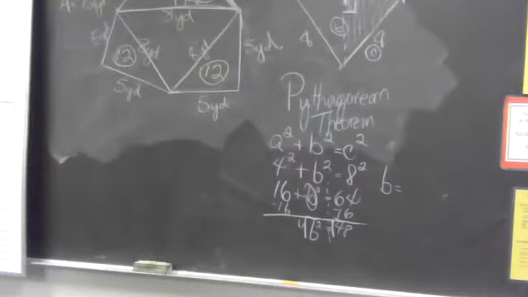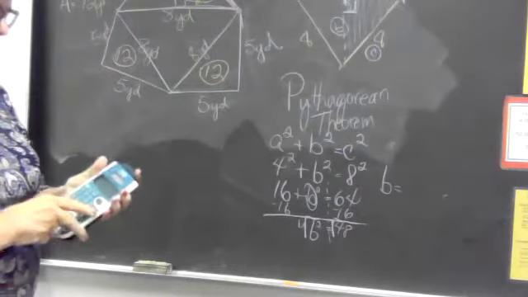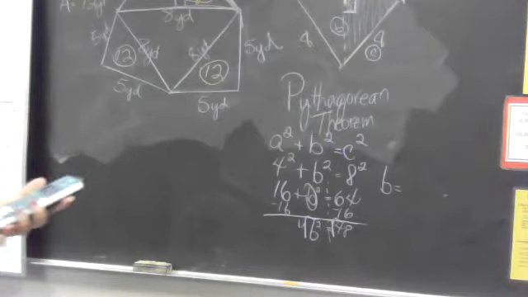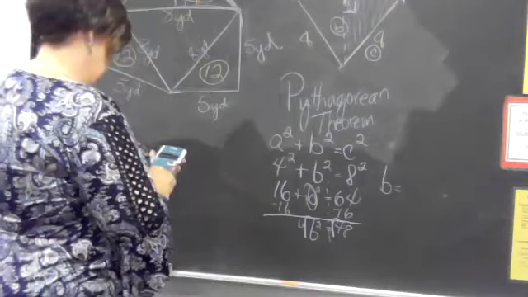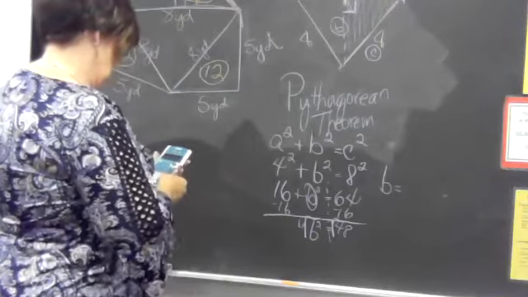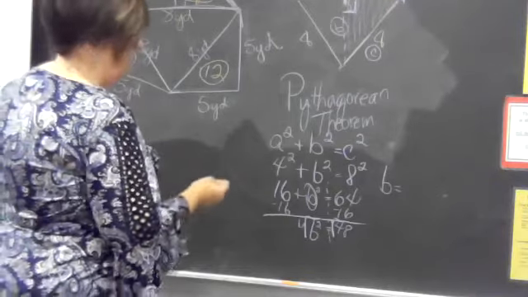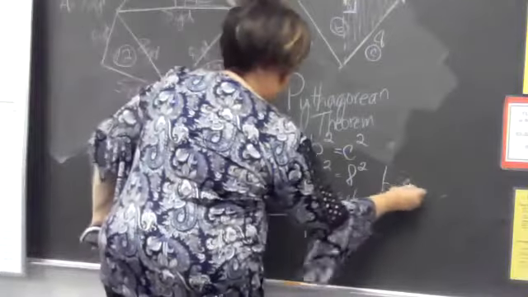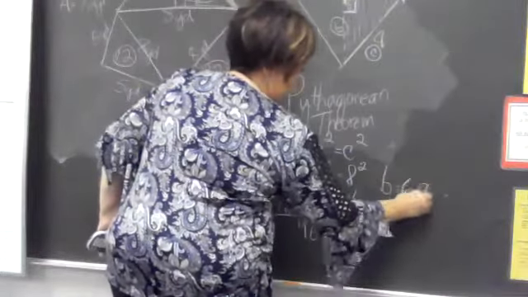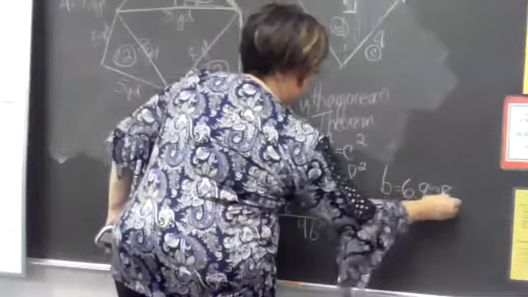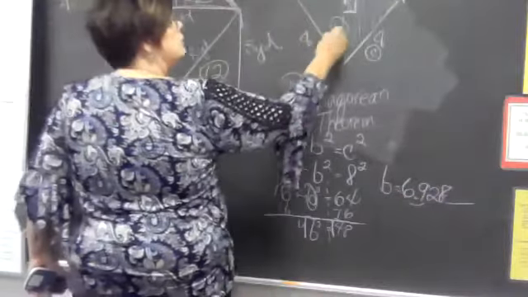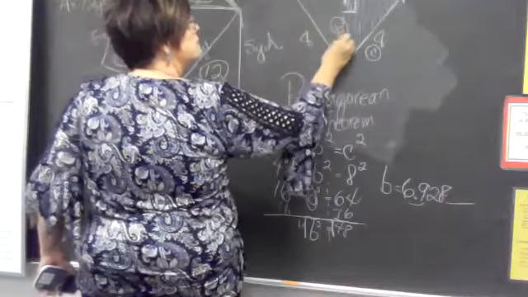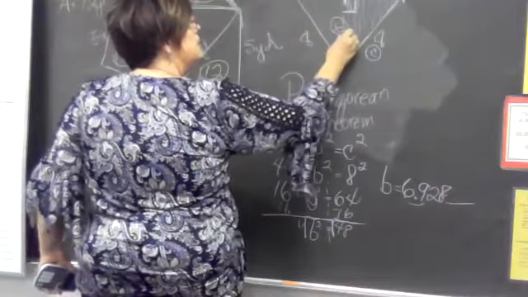It's going to be about 6.8 or 6.7, something like that. It's 6.928, and so on. I'm just going to use 6.9. So right here for the b is 6.9.